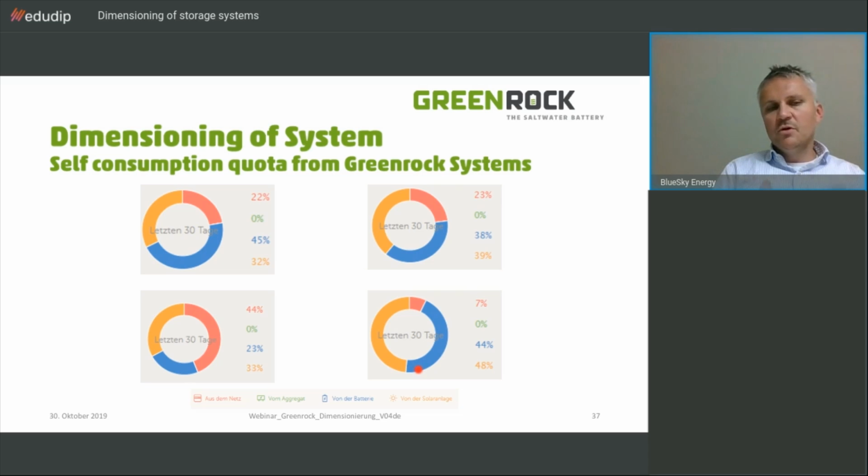So it gives you a very good overview, and of course you can then drill down into different days, different months, all the data is there, and it should be a tool to give the customer a good view of where they stand in terms of self-consumption and autarky, and you get a feel for whether the dimensioning is right. And of course, for you, it should give you an opportunity to improve the situation for your customer and hopefully also generate some business out of it.